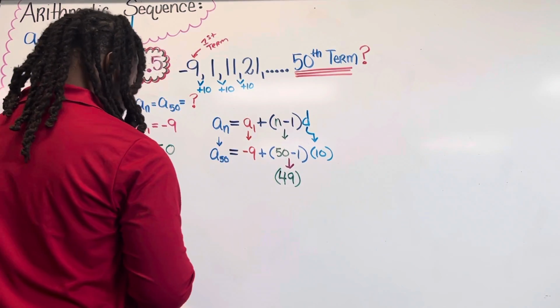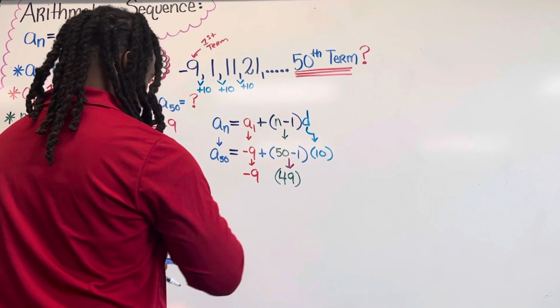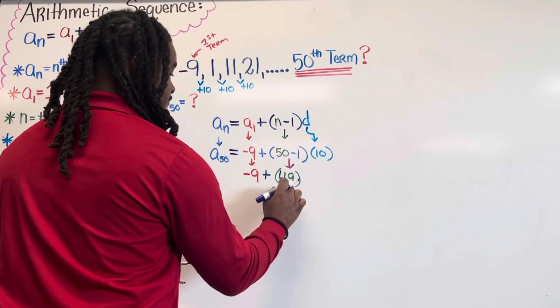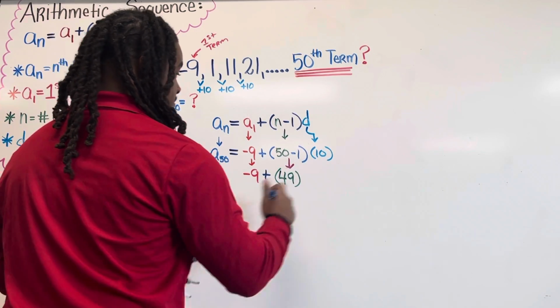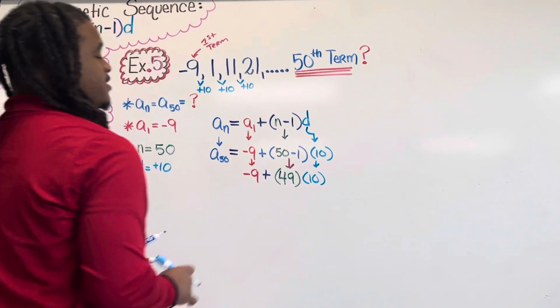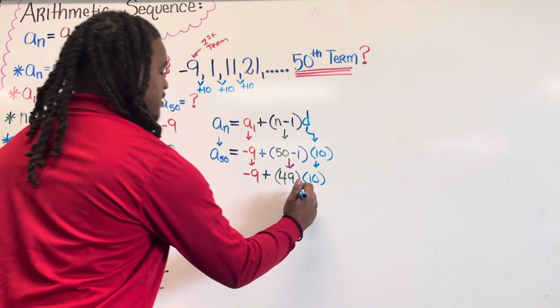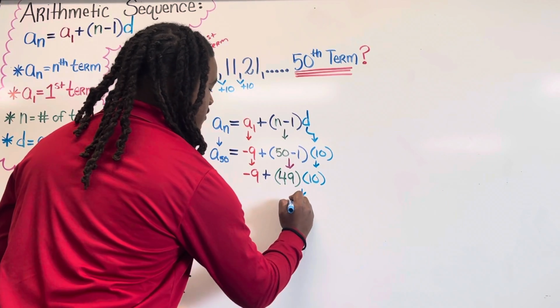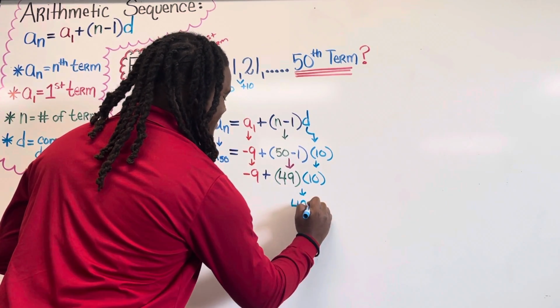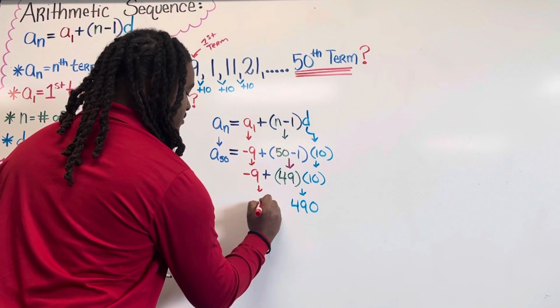So now we have -9 plus 49 times 10. Order of operations, we will always multiply before we add. So I have to multiply 49 times 10, which is 490.